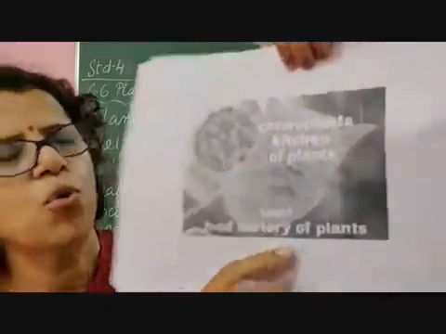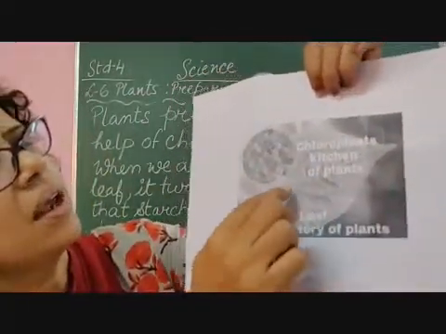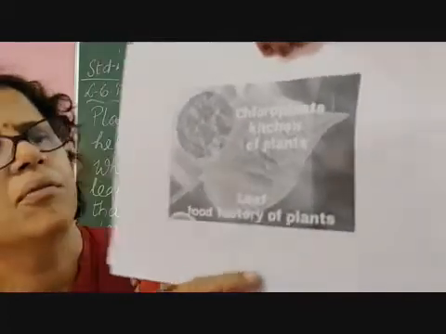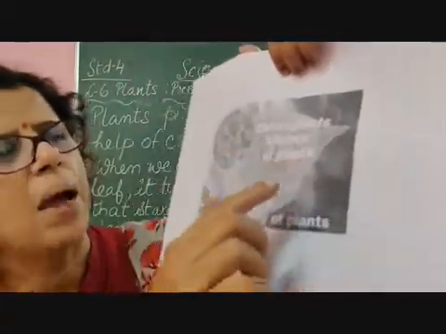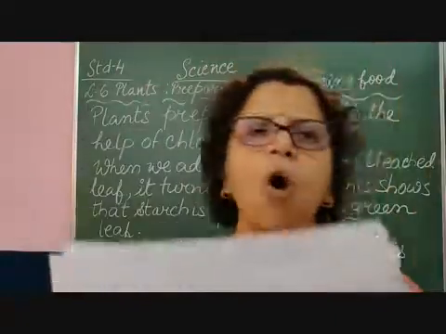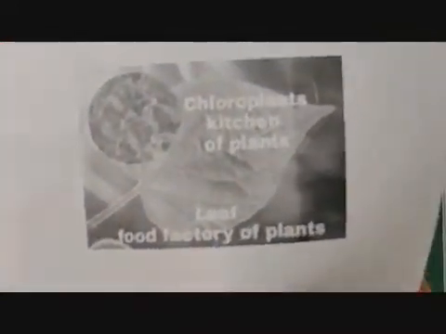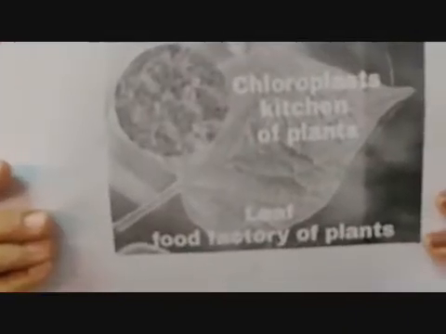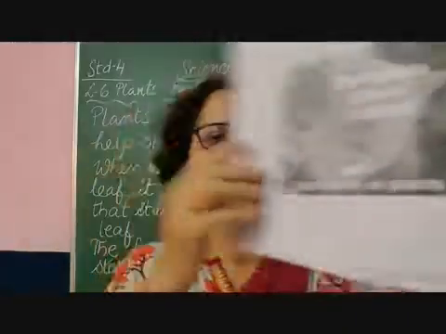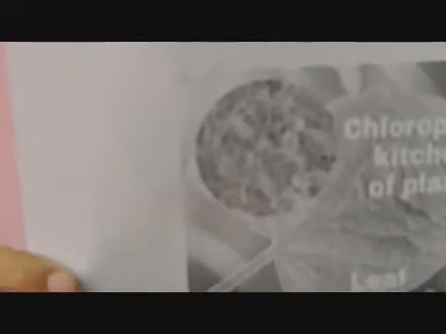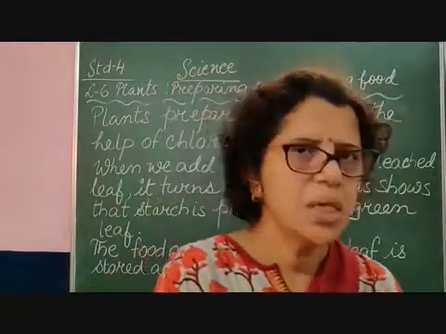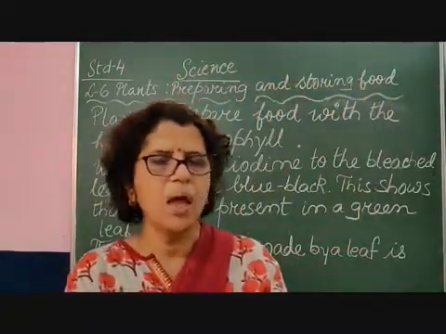So this is your leaf. I have shown you the main vein, and that main vein had double pipelines for carrying the raw material as well as the prepared food, and this is called the midrib, and you have the smaller veins which are attached to the main vein. Okay, and these you can see the cells. So with this chlorophyll, plants prepare their food.